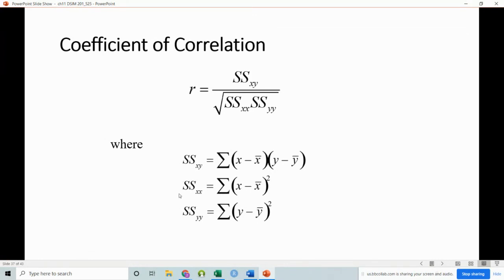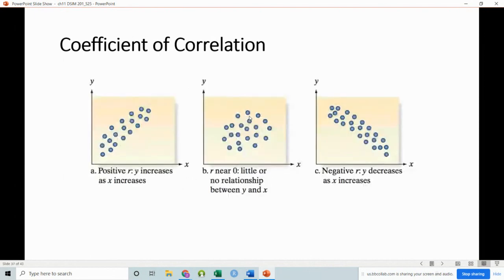The sum of squares for our x term is the sum of x minus x bar squared. The only real difference is now we have our sum of squares y. So it takes the squared difference of our y from the average y value, and we take the square root of that, and that gives us something called Pearson's r, or the coefficient of correlation, and it ranges from -1 to +1.